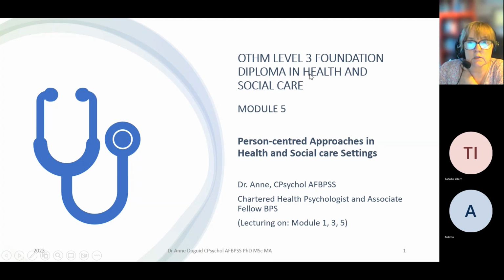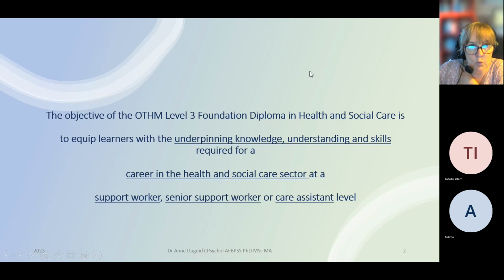So again, what are we here to do? The whole purpose of this diploma is to give you the underpinning knowledge, the understanding and skills for this career in health and social care. Okay, a support worker, senior support worker, or care assistant.